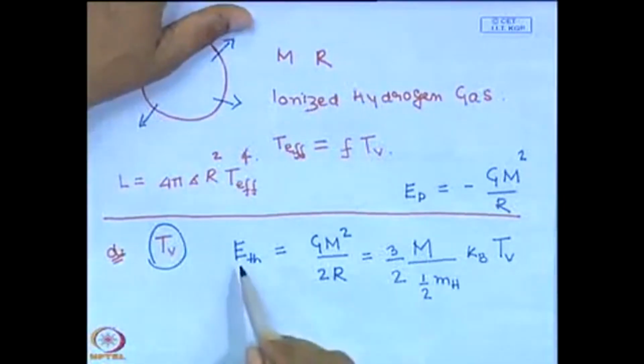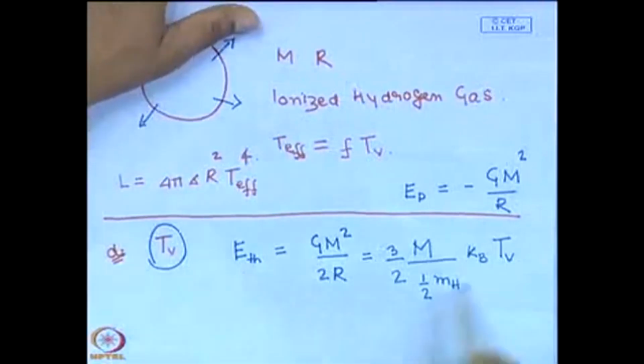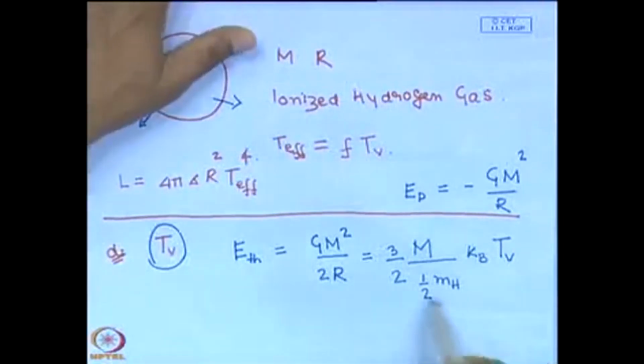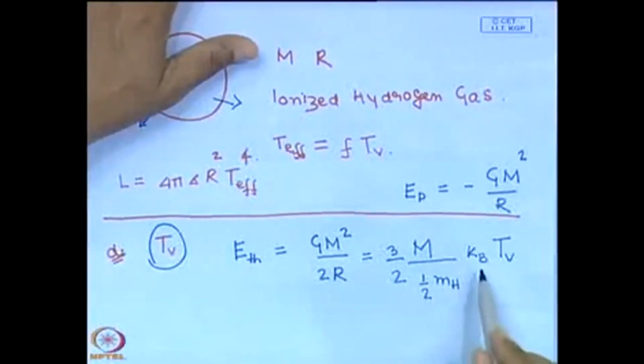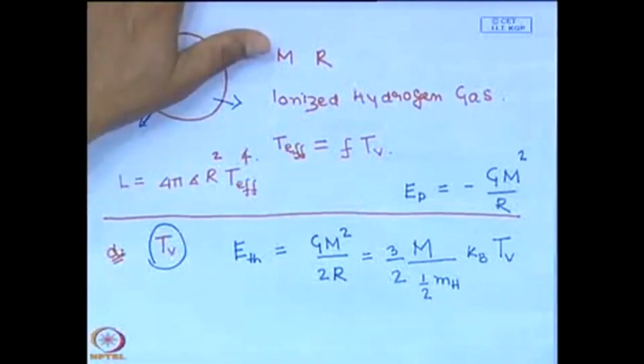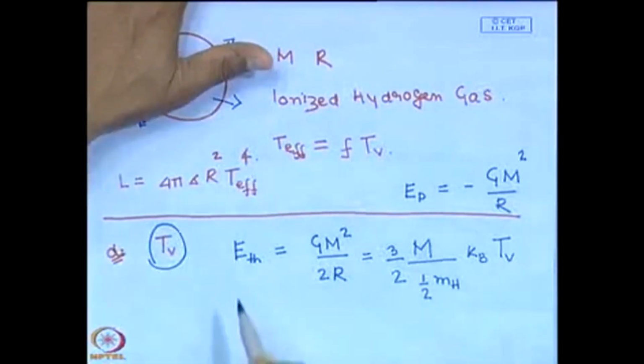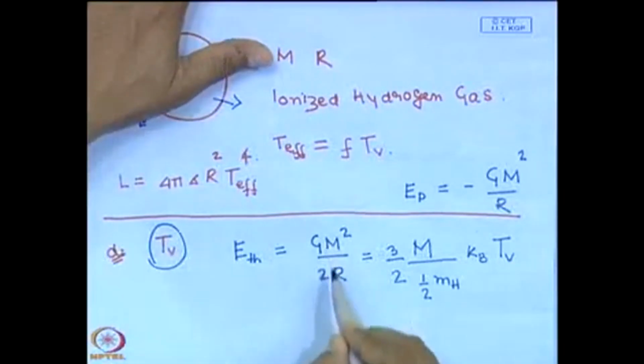The internal energy is written in terms of the virial temperature in this way, it is basically 3 by 2 N K T. N is the number of particles, K B is the Boltzmann constant into T. So, this straight away gives us the dependence of the virial temperature on the mass and the radius.